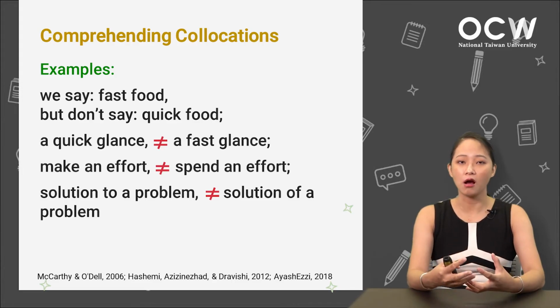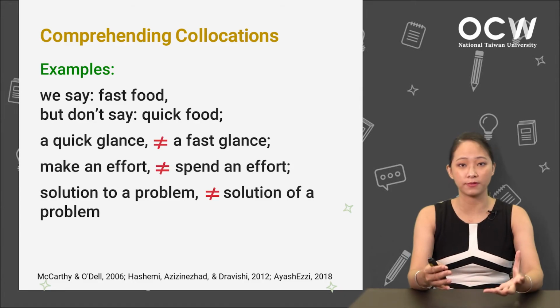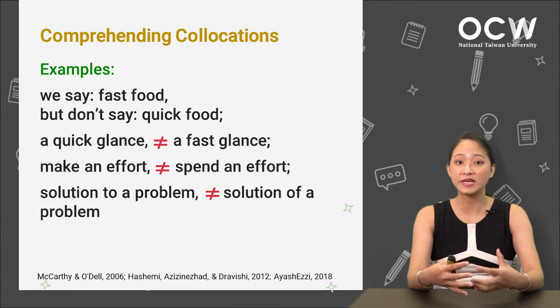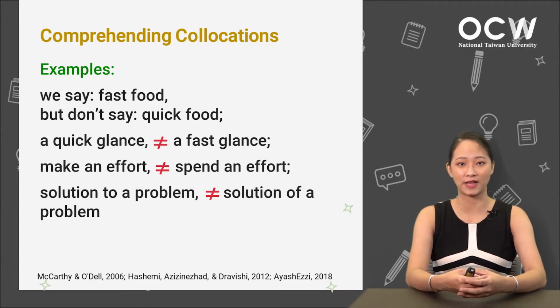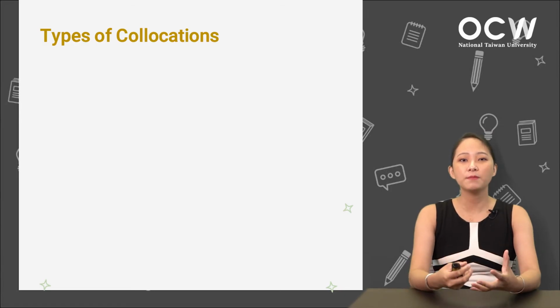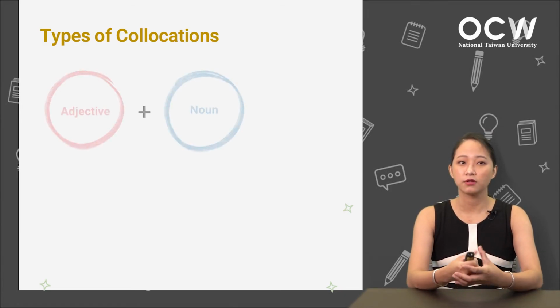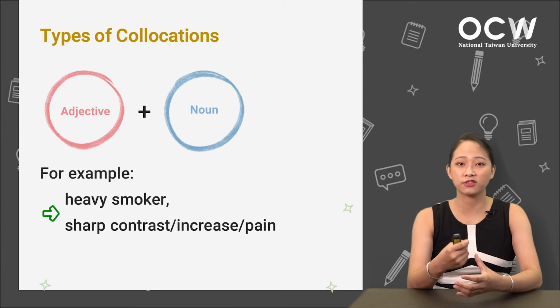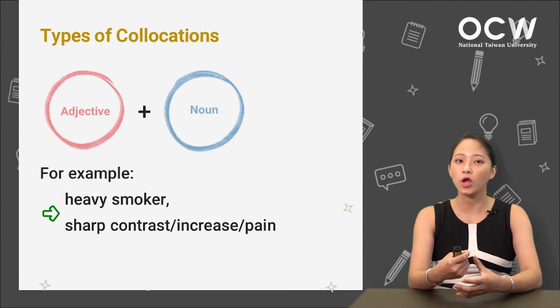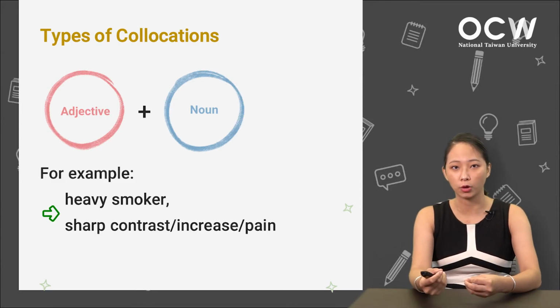So the pairing of nouns, verbs, adjectives, adverbs, or even prepositions is predetermined by thousands of years of habits and customs. It is not something that we can change lightly. There are many different types of collocations. The first one that we see quite often is adjective plus noun. When we want to say that someone has smoked for a very long time, we always say they are a heavy smoker instead of a long-term smoker.